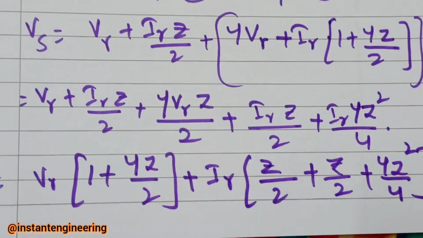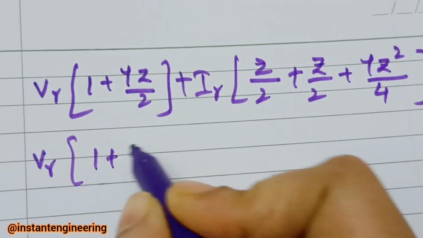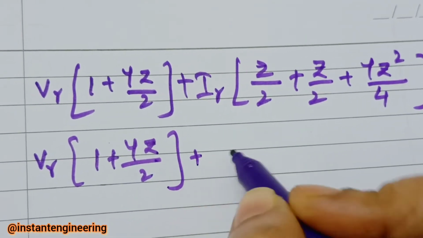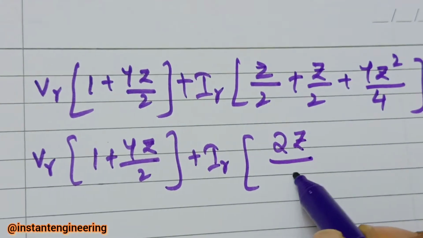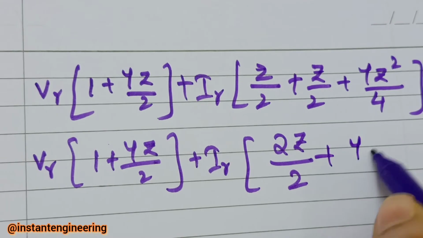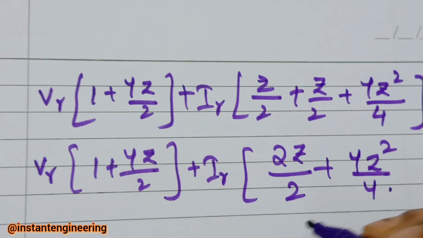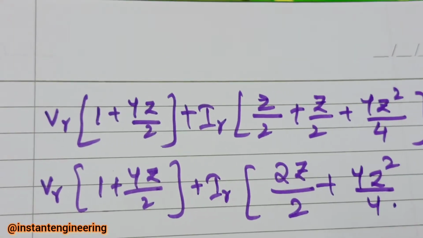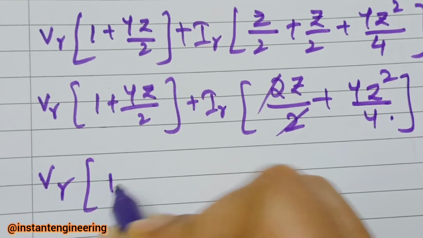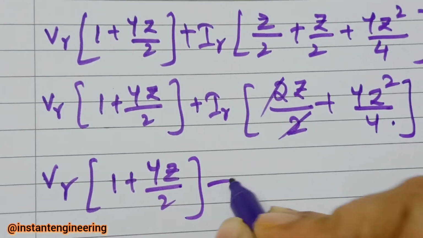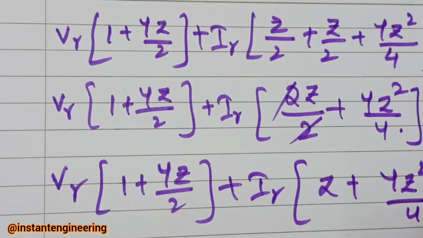So you will write as, this will be as it is, 1 plus YZ by 2 plus IR. See, this is 2Z by 2 here plus YZ square by 4. So this will become, this will be cancelled. So we have VR 1 plus YZ by 2 as it is plus IR Z plus YZ square by 4.